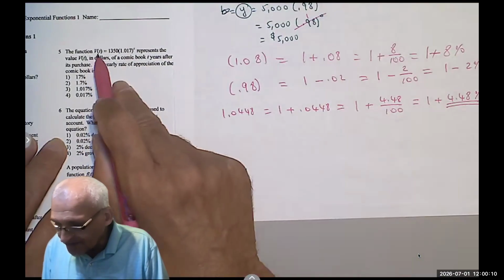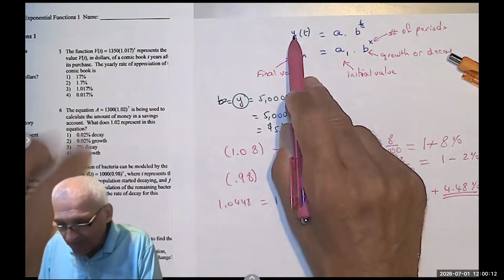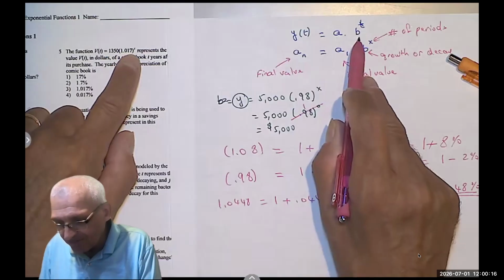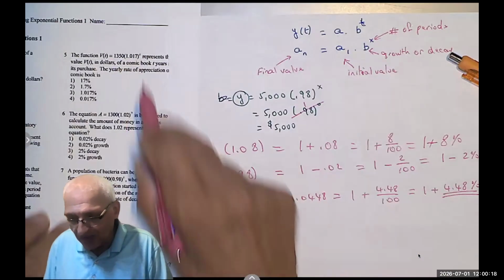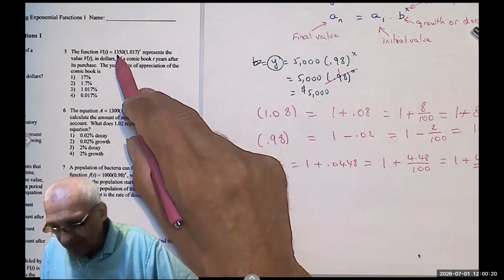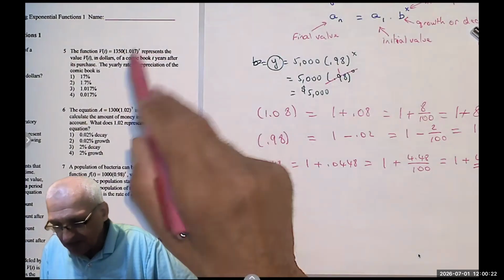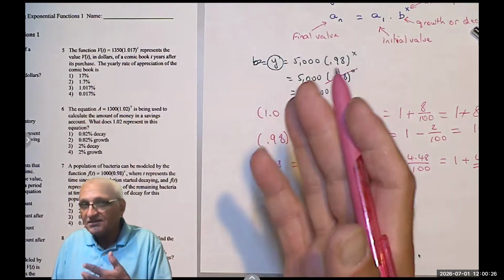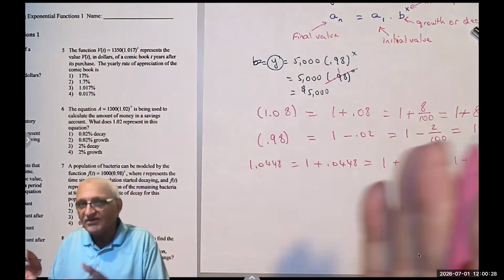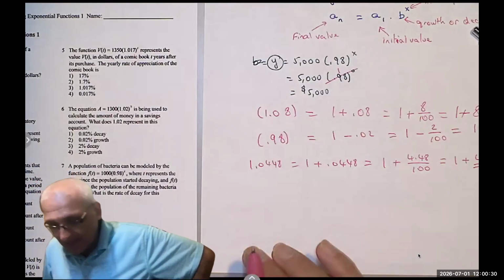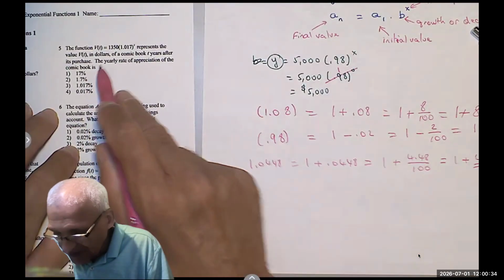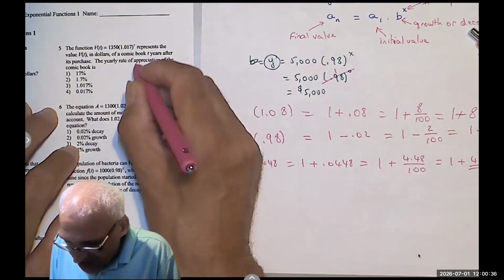Let's move to number 5. The function v of t equals 1350 times 1.017 to the t. I know right away, this is the initial value, this is the number of periods, this is the 0.017. When I multiply it by 100, it becomes 1.7. That's the growth rate. They ask you the yearly rate of appreciation.